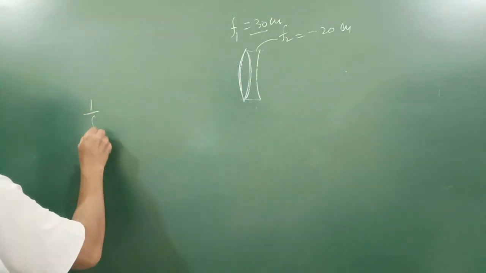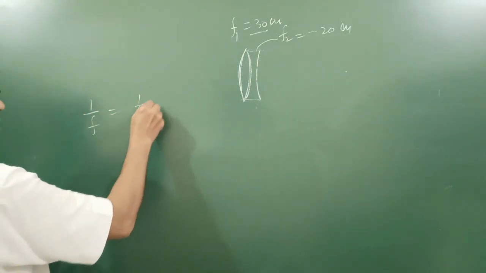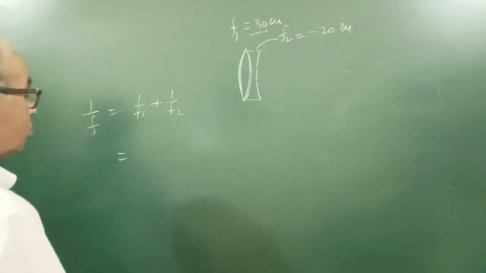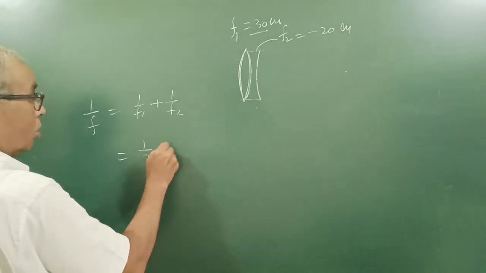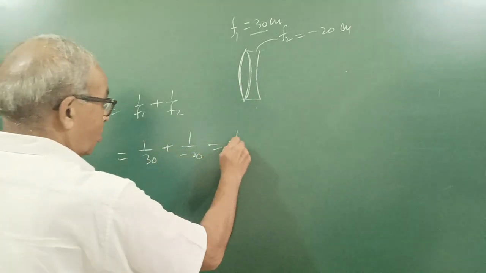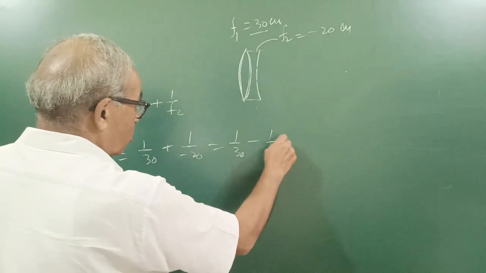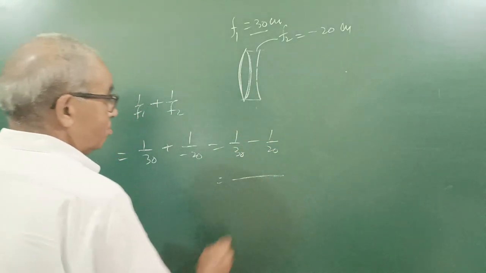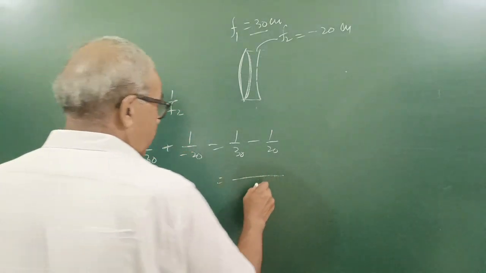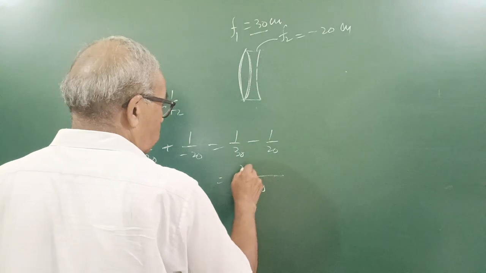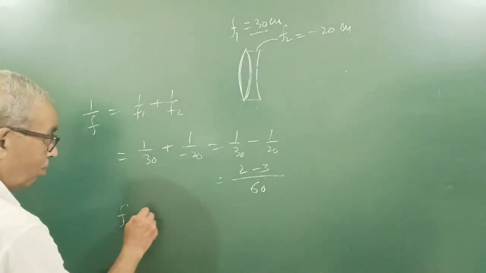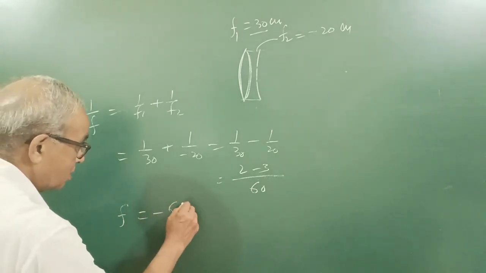So 1 upon F is equal to 1 upon F1 plus 1 upon F2. 1 upon 30 plus 1 upon minus 20, that is 1 upon 30 minus 1 upon 20. LCM 60, 2 minus 3, so F will be minus 60 centimeter.